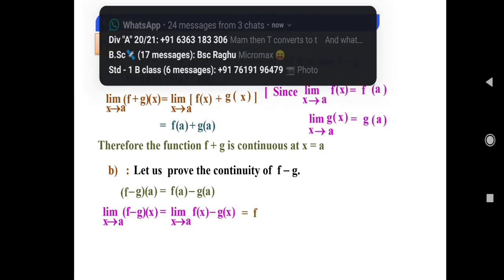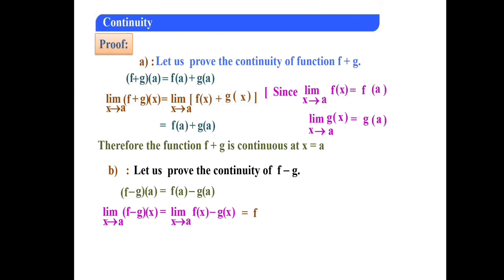As x tends to a, the limit of f of x is f of a and minus g of a, which is the same as the value of f minus g at a. Therefore, the function f minus g is continuous at x equal to a.